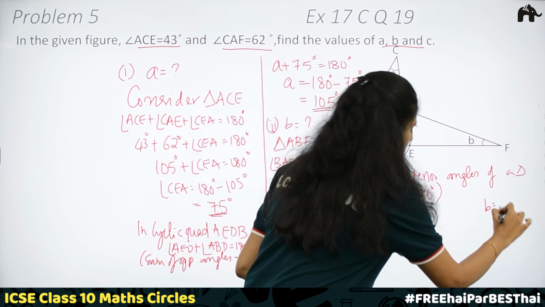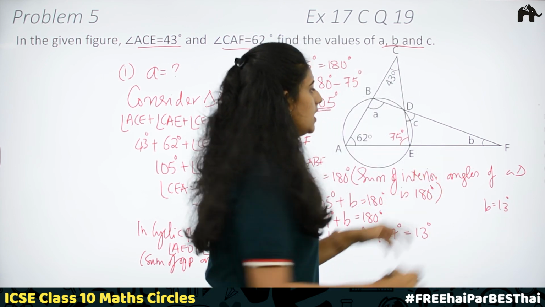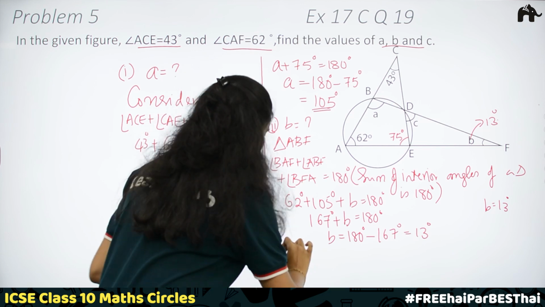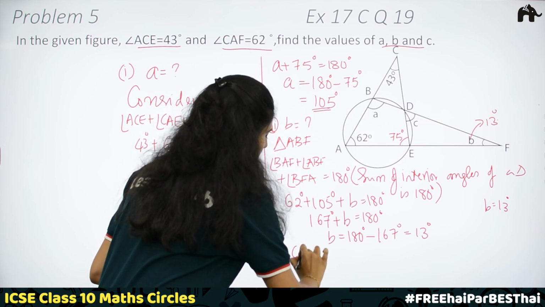B is equal to 13 degrees. Here we have B. The value of B is 13 degrees. Now we have to find C. The third one, we have to find C.